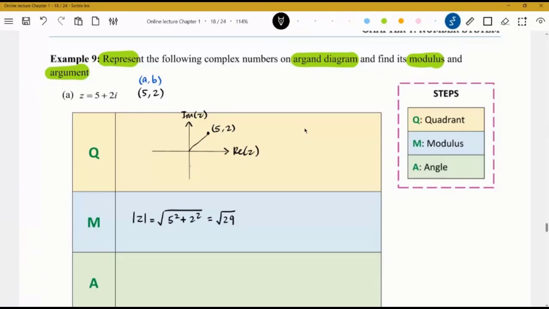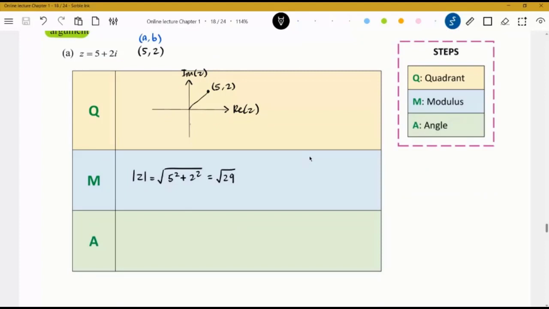Okay, so itu untuk modulus. Okay, untuk argument, kita tahu dia lies on quadrant first. Formula kita tahu dia adalah inverse tangent of B over A. B kita adalah 2, A kita adalah 5. So make sure calculator in radian mode. So kita akan dapat 0.3805. So tinggalkan dalam bentuk 4 significant figure.